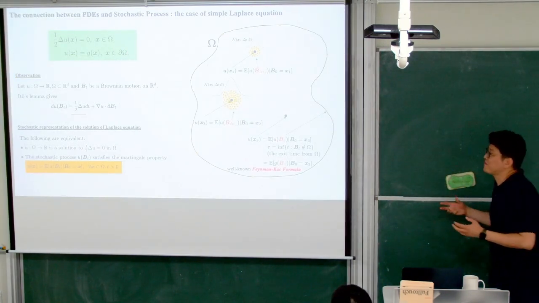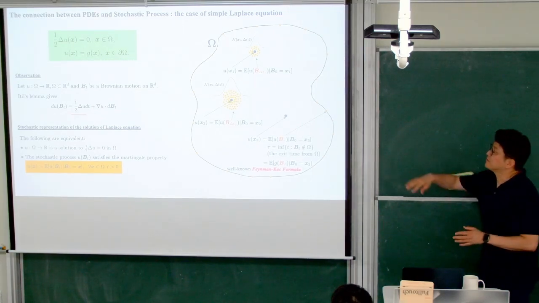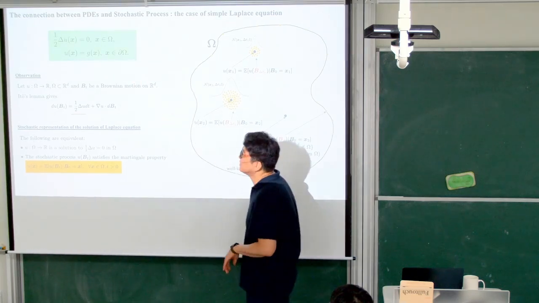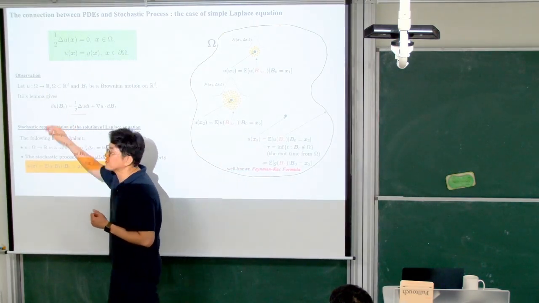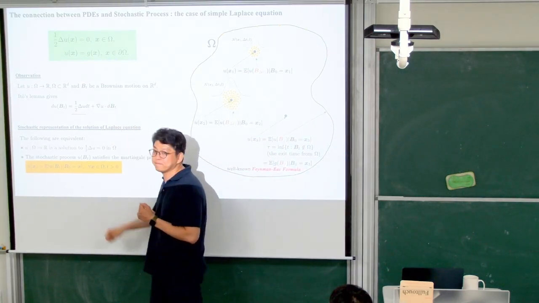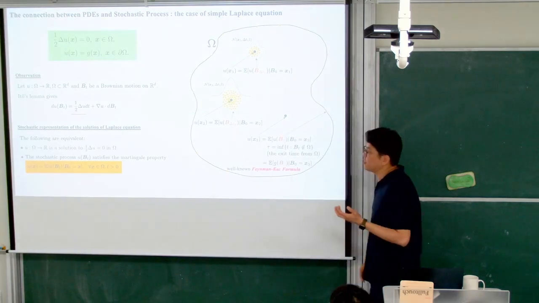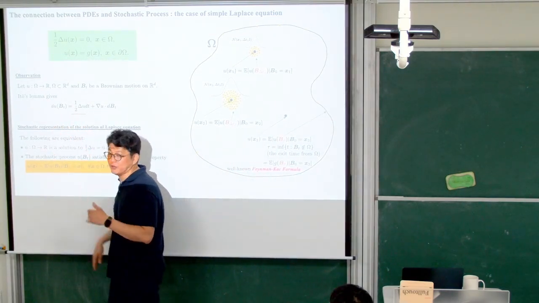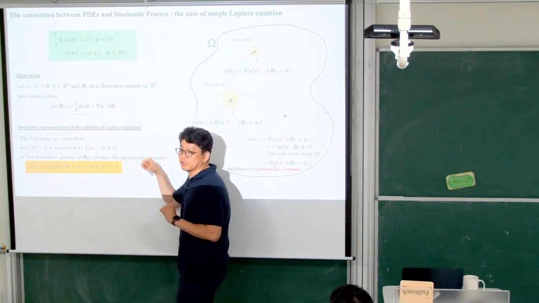Today's method, as I mentioned, uses a stochastic representation of the PDE. I will start with a simple Laplace equation on the domain omega. Let's take a function u in the domain satisfying the Laplace equation, and a standard Brownian motion, say V_t. Then u of V_t is a real-valued stochastic process, and using Ito's stochastic version of the chain rule, we have that d of u(V_t) has a drift term and a martingale term.